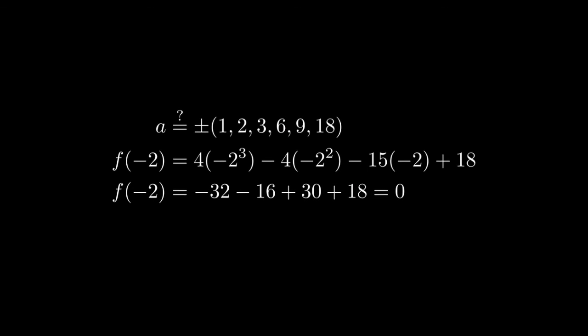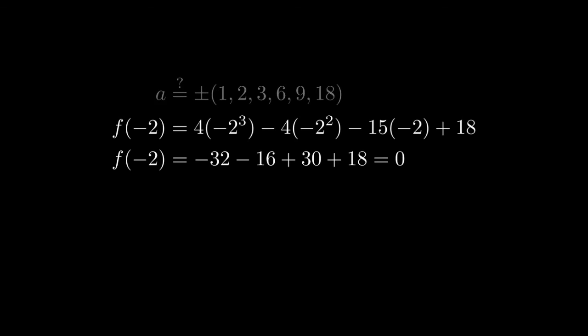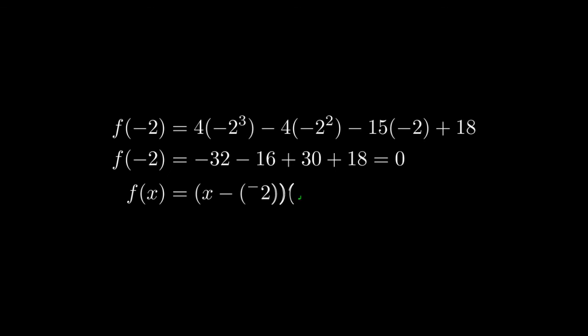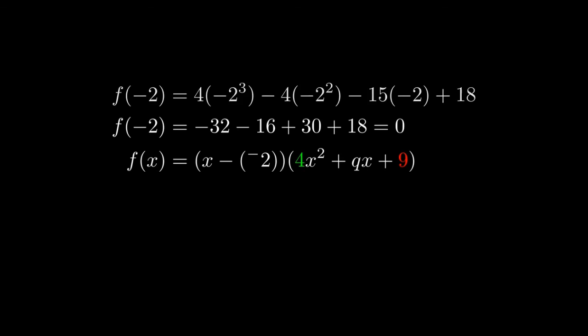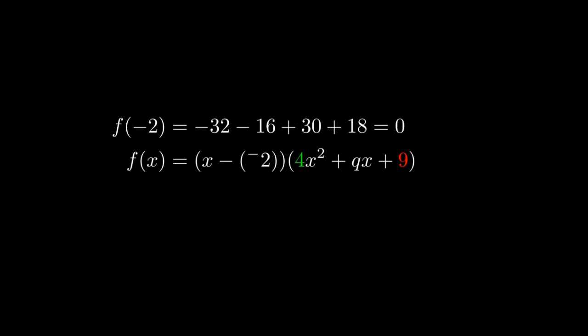Now, I'm going to go back to that factorized form. So I have x minus our factor, so x minus -2 times the quadratic. And I've put in some pieces here that we know.